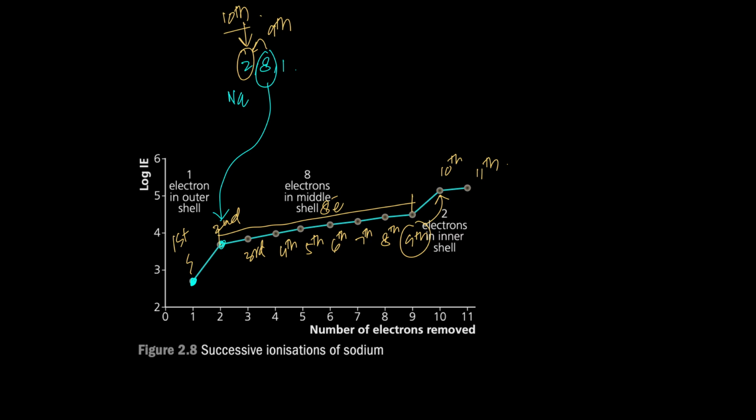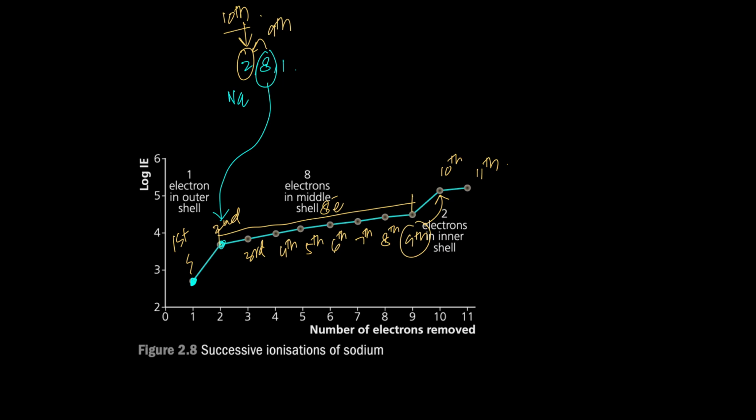So a big jump between the first and the second for sodium, and the 9th and the 10th. Why? Because the 10th electron is being removed from a shell closer to the nucleus. And why between first and second? Because the second electron is being removed from a shell closer to the nucleus. Why is there a slight increase? Because each successive electron is being removed from a more positively charged ion.